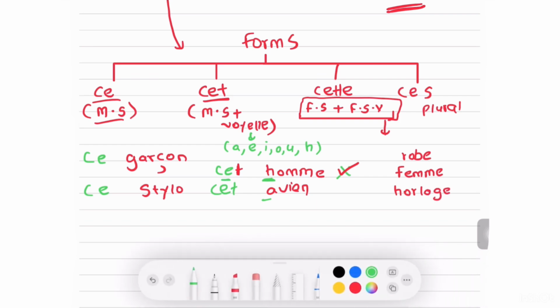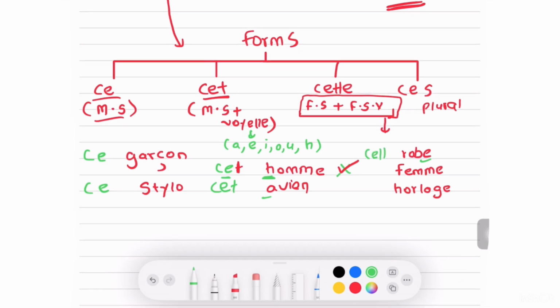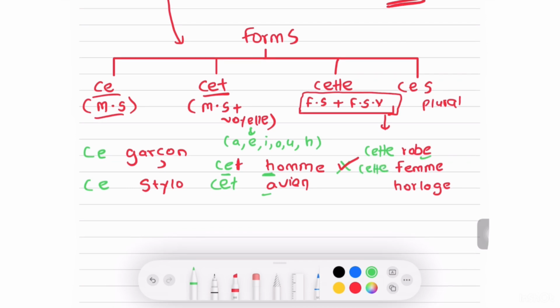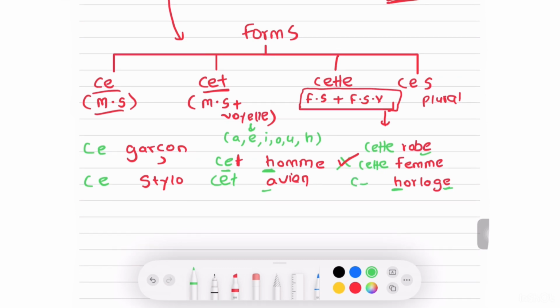So robe ends with E, single dress, it makes cette. Then femme, one woman, single woman, we're going to write cette. Then last one, horloge. Again, H is considered a vowel in French, ends with E, we'll still use cette. That means this one has two functions. You can use it in two situations.